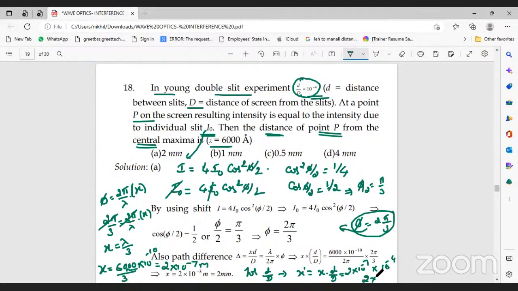So this becomes 2 into 10 power minus 3, which means 2 millimeter. Option A.